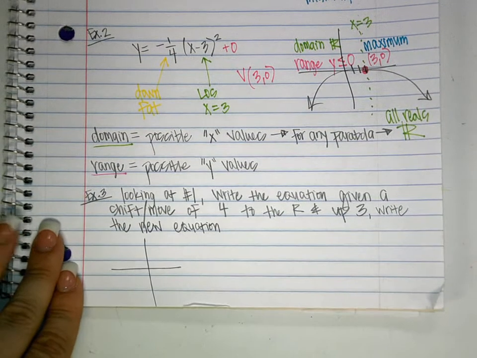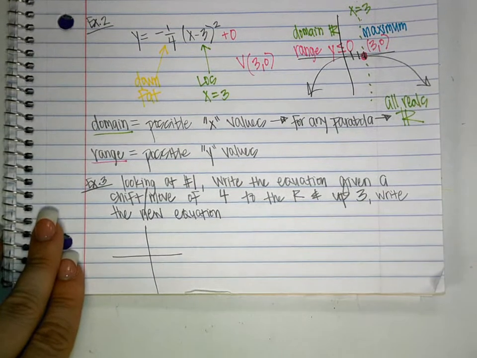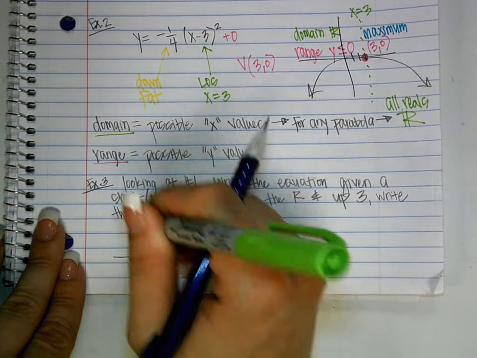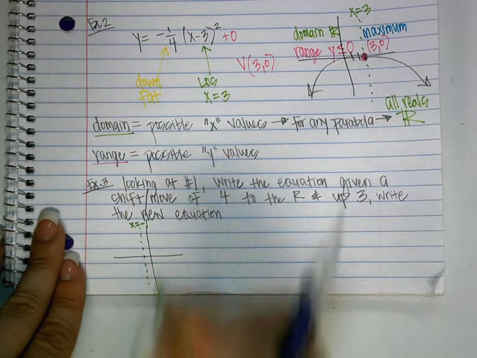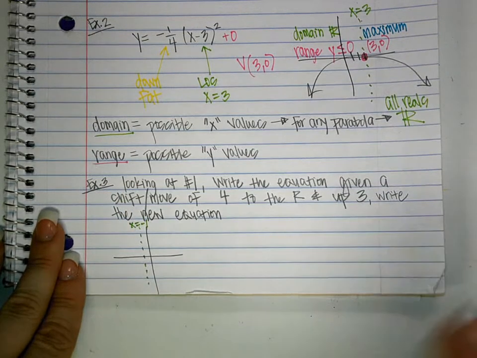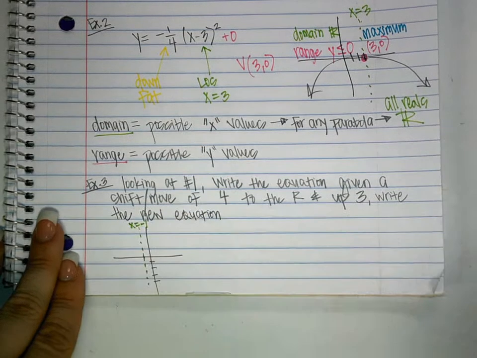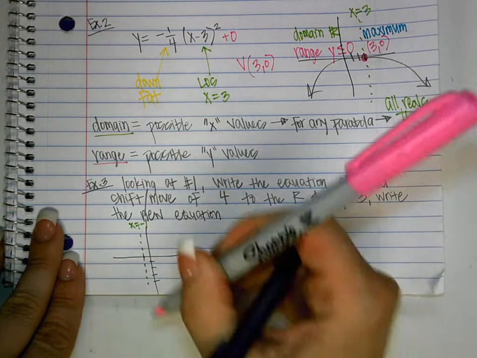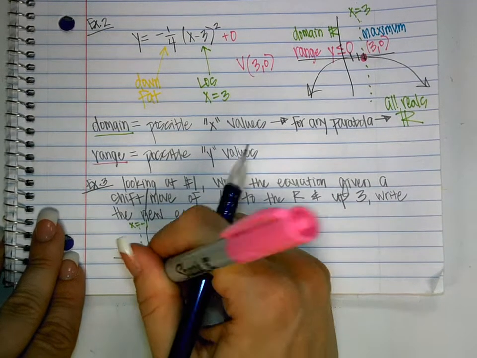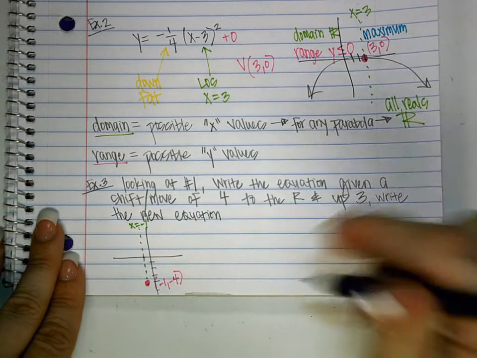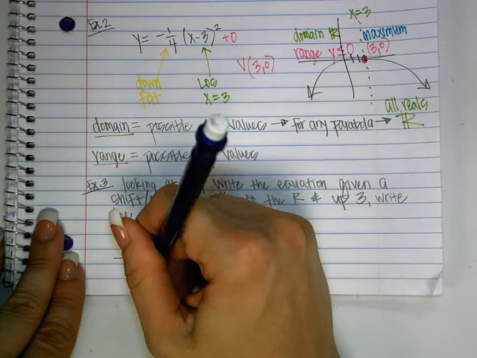I'm just going to read you number 1. We know that it had a line of symmetry at -1, and its vertex was -1, -4. It was skinny.